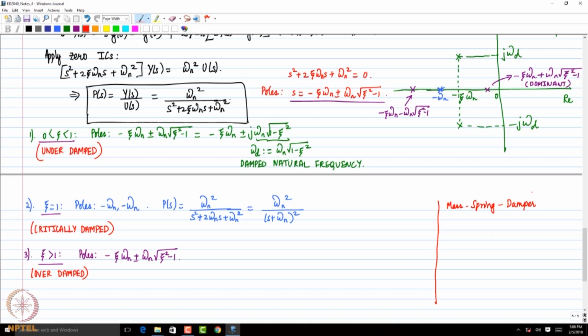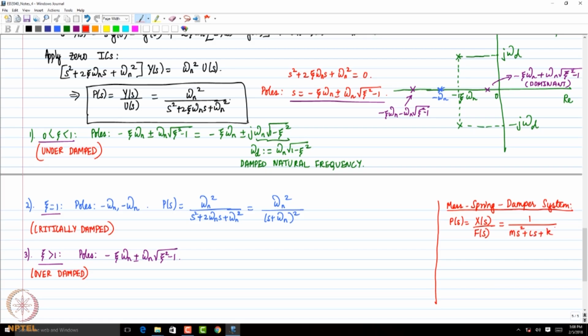Do you recall what was the transfer function for the mass spring damper system? It was the ratio of the Laplace of the displacement divided by the Laplace of the force input, correct? What did we get? It was 1 divided by ms squared plus cs plus k.